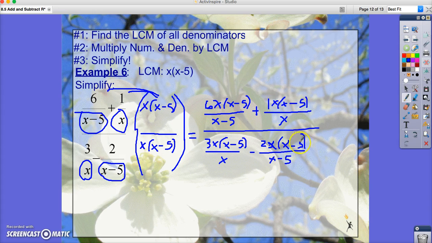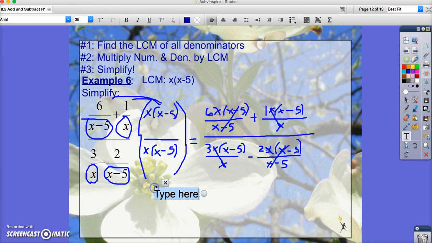Over x minus 5. Now, the denominators are the same. We're going to cross out what's the same of each little fraction. So x minus 5's cancel out. X's cancel out. X's cancel out. And x minus 5's cancel out. So now what we get, I think I'm going to type it out here. All that's left in the top left is 6x plus 1 times x minus 5.